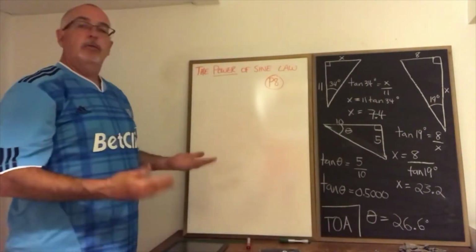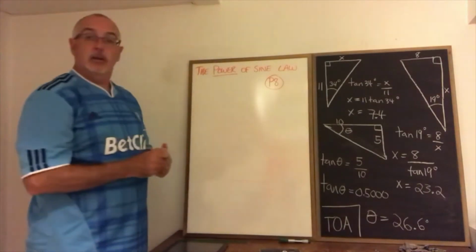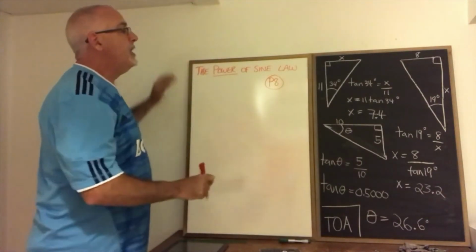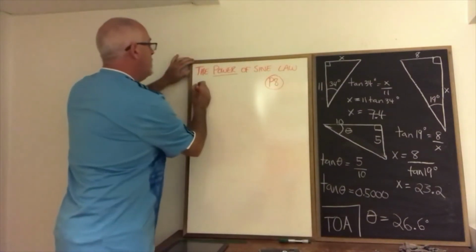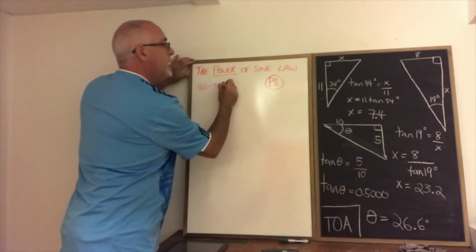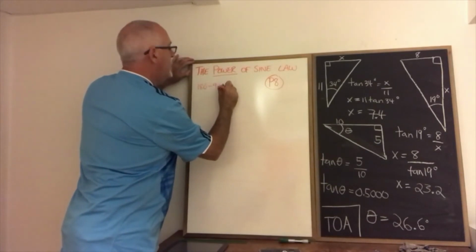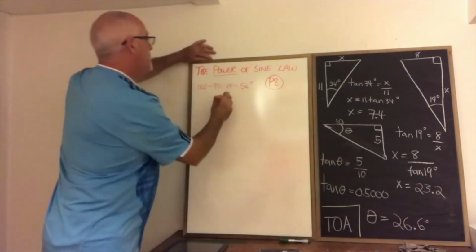What will happen if we want to use sine law to solve these? Well, this will sound a little familiar, I think. For the first one, we can do it, but first we have to subtract from 180. 180 minus 90 minus 34 equals 56 degrees.